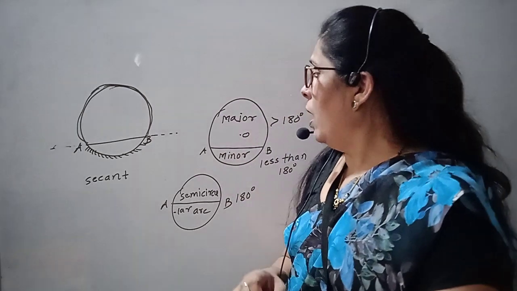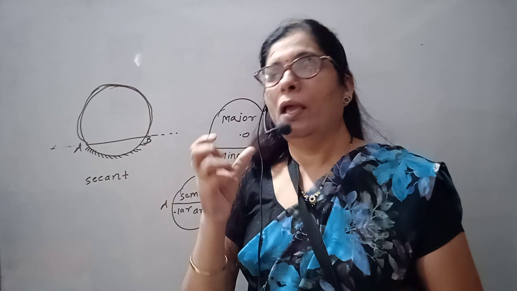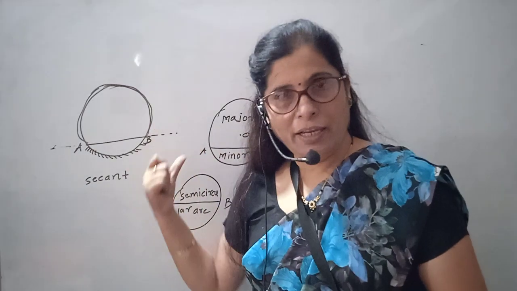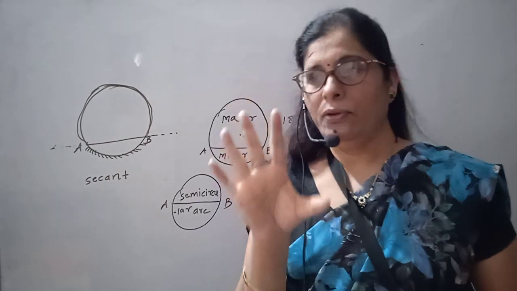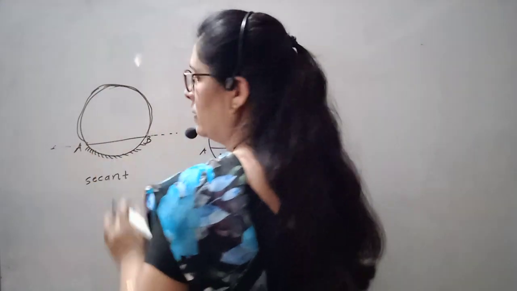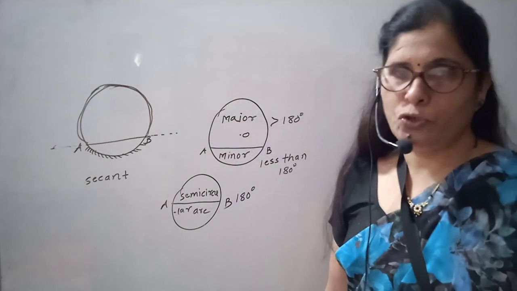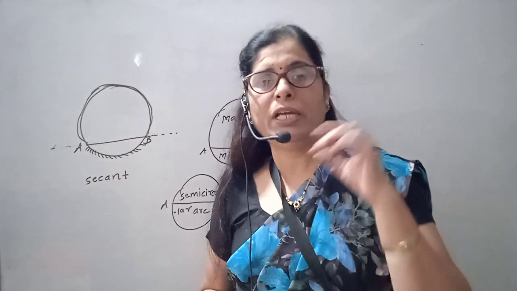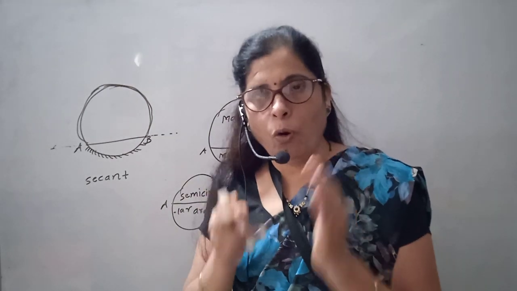Okay. Now how can we write down the arc of the circle? While writing the name of an arc of the circle, the endpoints are very important. Suppose here A and B are the endpoints. According to the basic knowledge of geometry, you know that every geometrical figure is made by a lot of points.